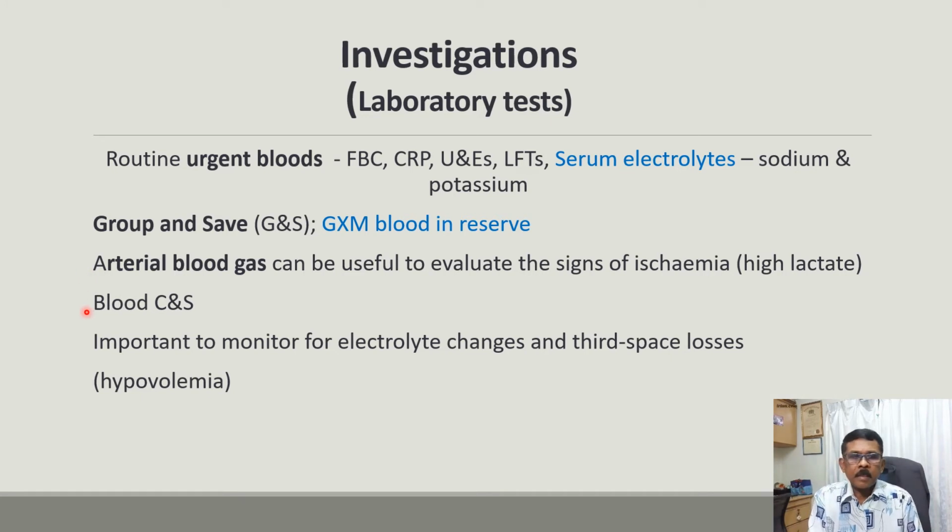Blood culture and sensitivity is important to take on admission of the patient, and I have to emphasize again the importance of monitoring the patient's water and electrolyte balance. Okay, because of the loss into the third space, this must be aggressively replaced and monitored. Okay, otherwise the patient may go into ileus.